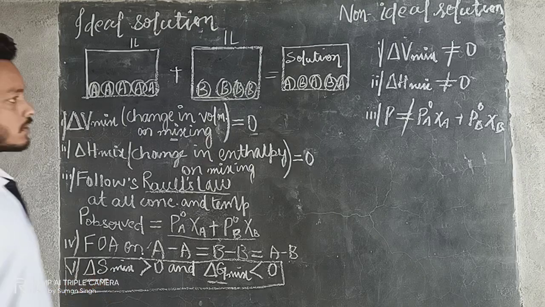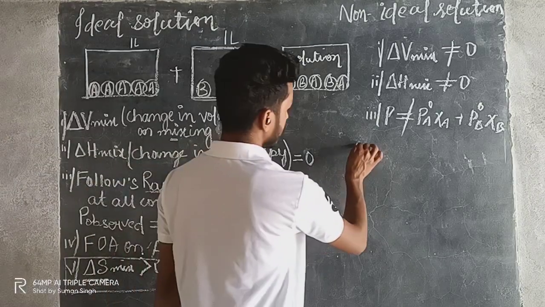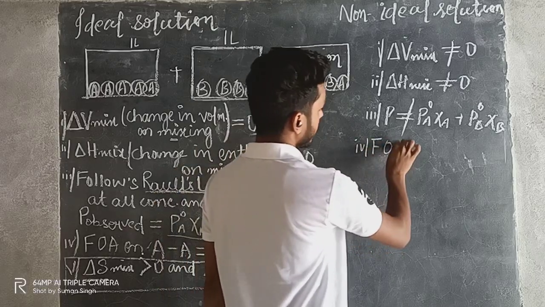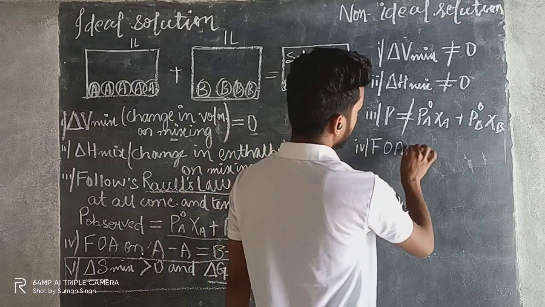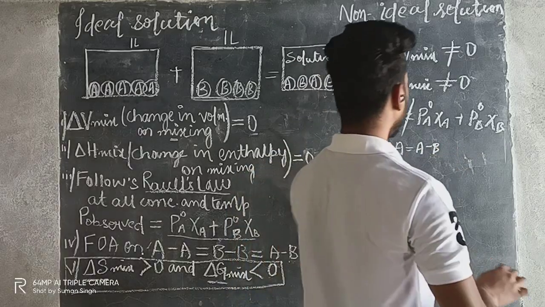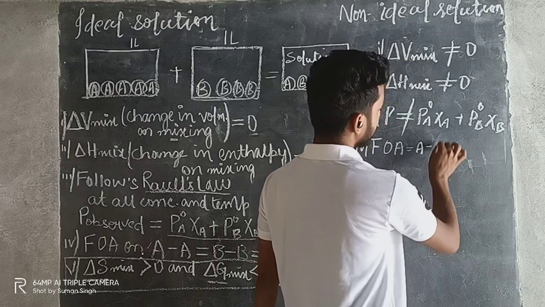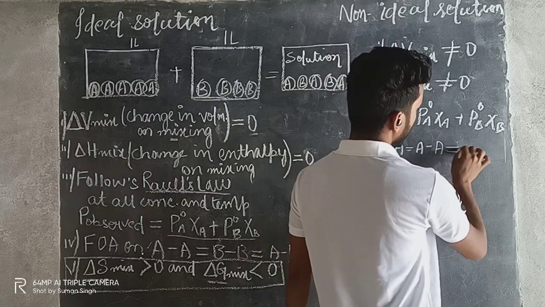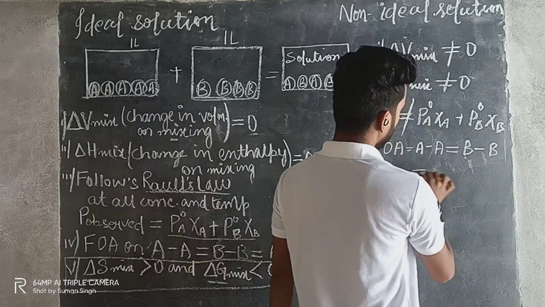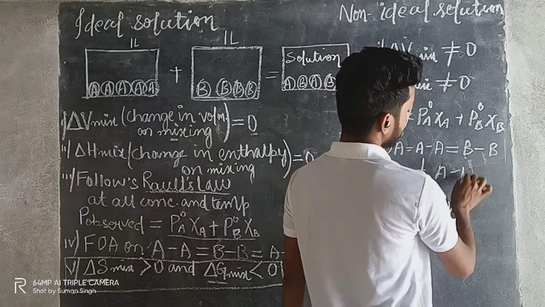Now the fourth thing, which is very important here, is the force of attraction. Let us talk about the force of attraction between AA and BB. It will not be equal to AB.